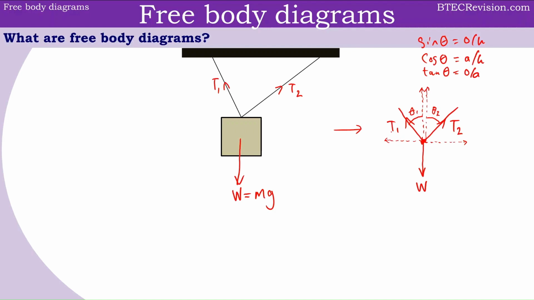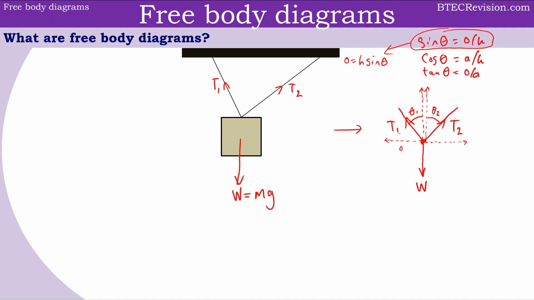Let's start with the tension 1 horizontal component, and that is going to be opposite the angle. There's no angle next to the tension, so the one we're going to use is sine theta. If this is opposite, let's rearrange this equation for opposite, and that'll give us opposite equals hypotenuse times sine theta.